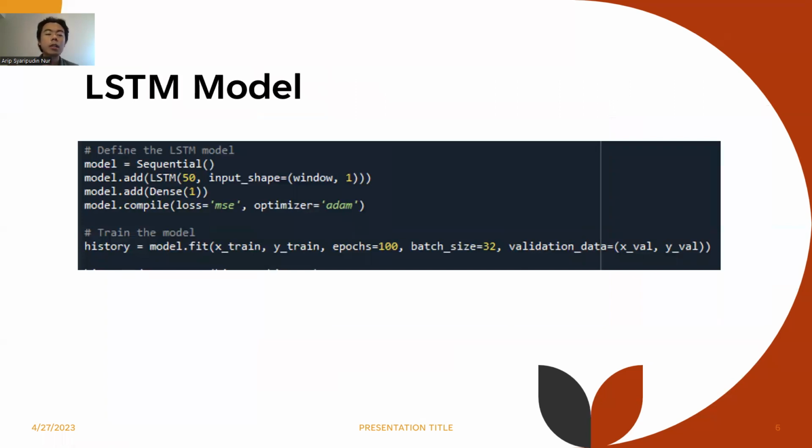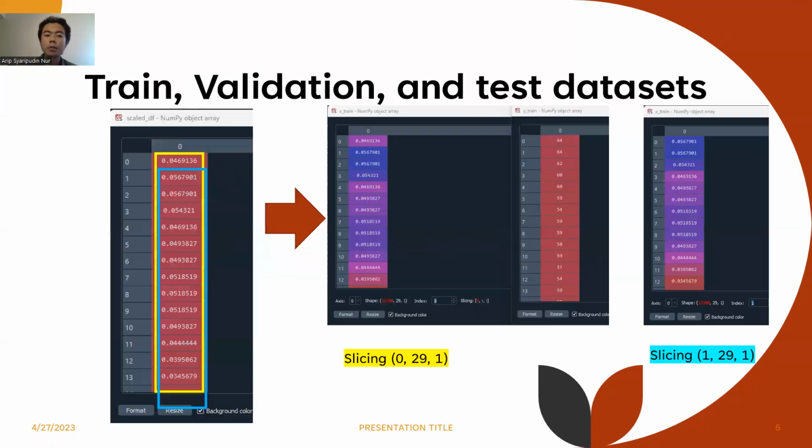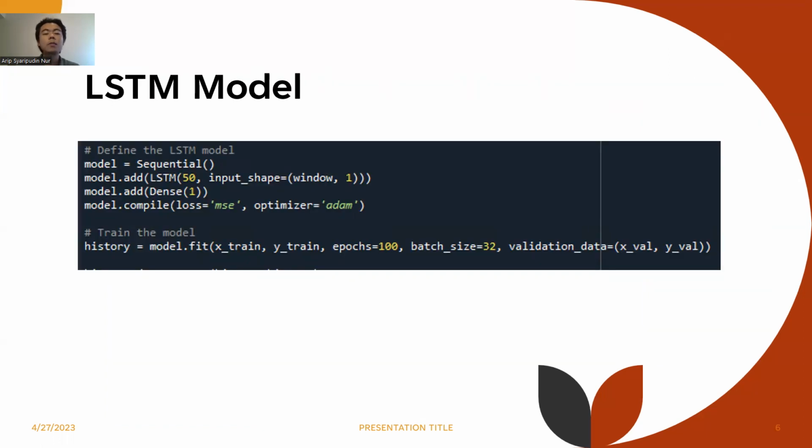So next we made the models, the construction of the models. Here I use the LSTM model with 50 nodes. The input shape is the window, the shape before, 0:29 and 1. And then after that, the dense layer to make the prediction.